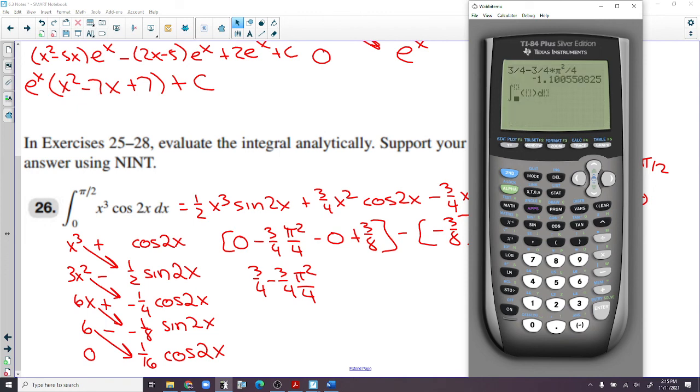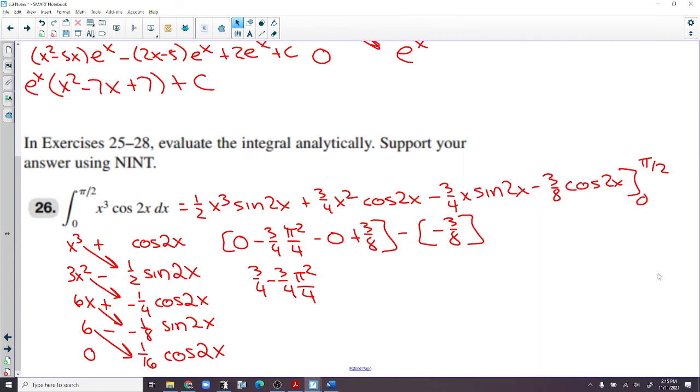Math 9. 0 to pi divided by 2. X to the third. Cosine of 2x. X. Hey, we got it. I figured it out. I knew where my mistake was. I found it.